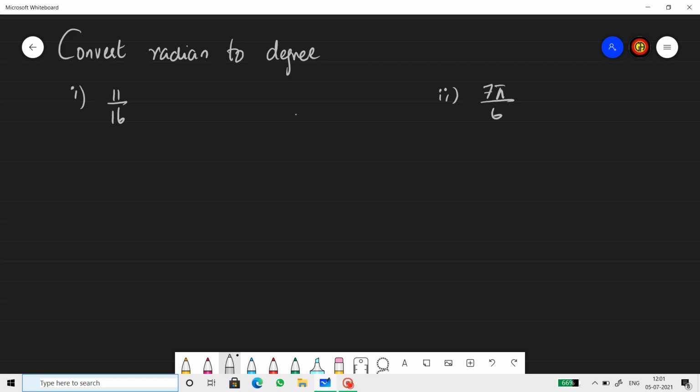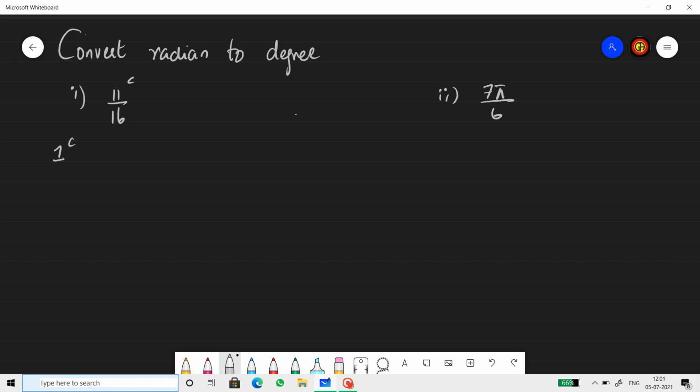Because so far all the radian values were in pi, but here it is 11 by 16. That means they must have used pi as 22 by 7. All right, so this is a radian question where the pi value is already substituted as 22 by 7. Now we need to convert this radian measure to degree. Now what is the conversion?